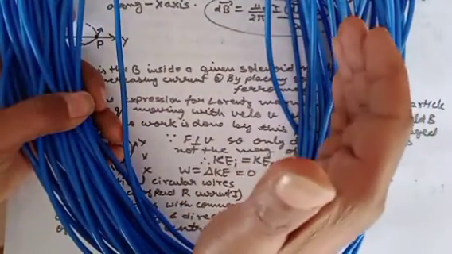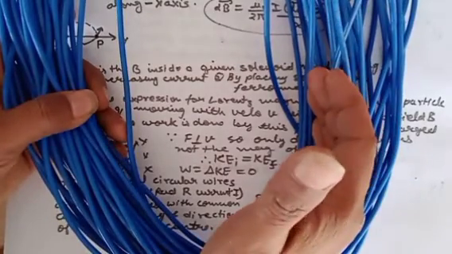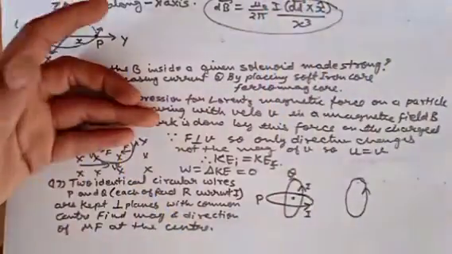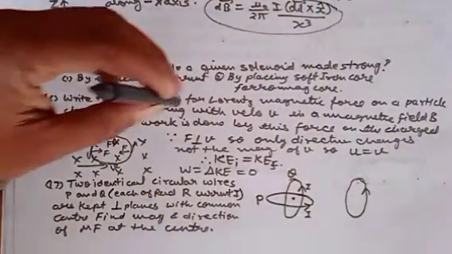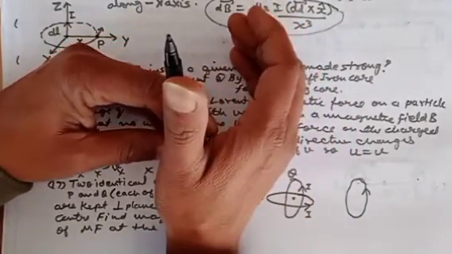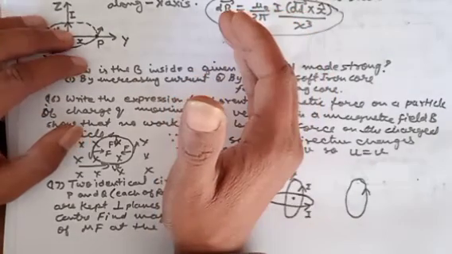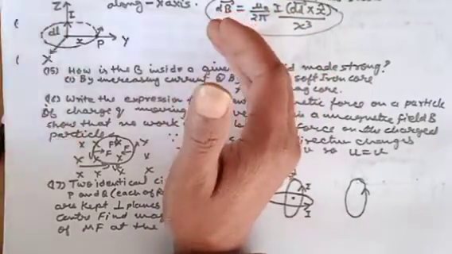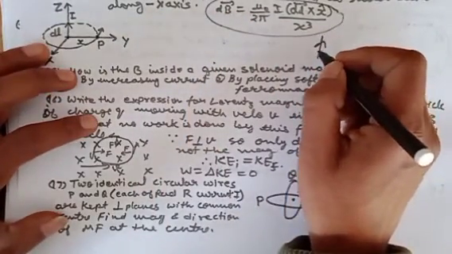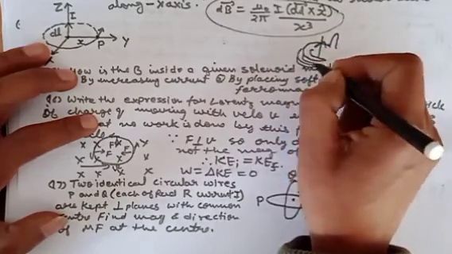So grip that current. Means if current is curling, then you can put your finger along the curl and then thumb will show the direction of magnetic field. And if current is straight, then put your thumb along the direction of current. So if current is curling, then put your fingers along the curl. If this is the current, so this will be the direction of magnetic field.